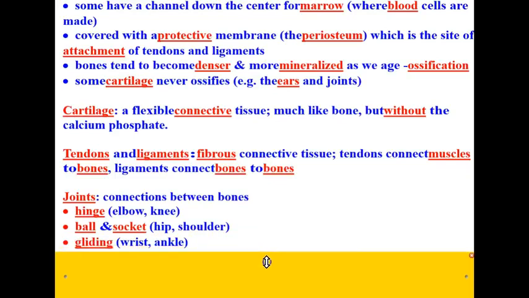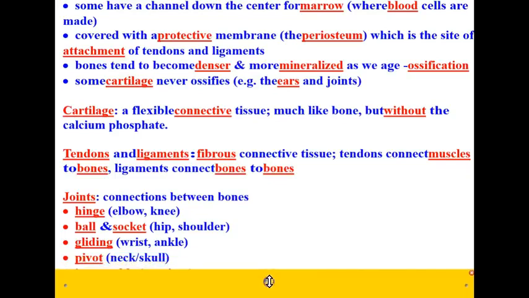We have gliding joints, such as what are in your wrist and ankle. We have pivot joints. An example of this would be in your neck, where your spinal cord connects into your skull.